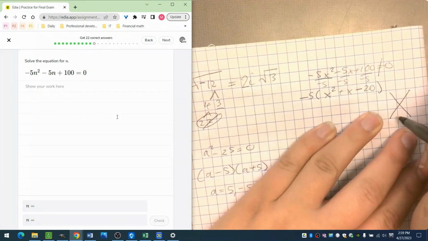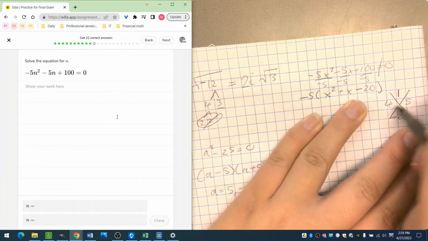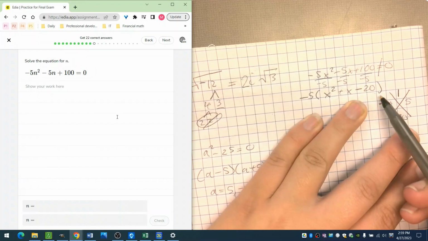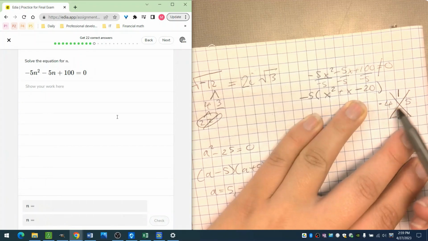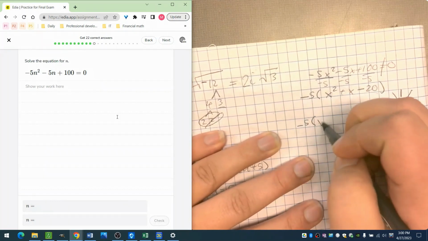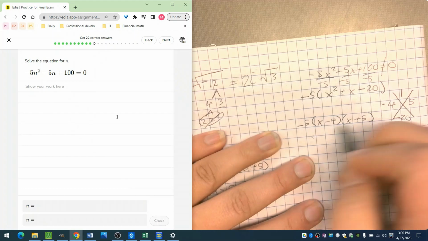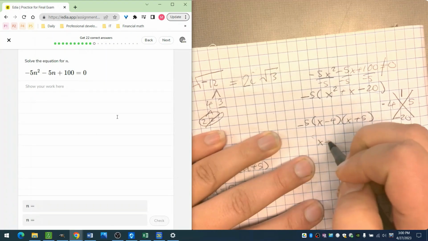Set up your x. The negative 20 is on the bottom. The 1's on the top. It's going to be 4 and 5, and the 4 is negative. See how those multiply to negative 20? Add to positive 1. x minus 4, x plus 5. Set each part equal to 0 and solve.